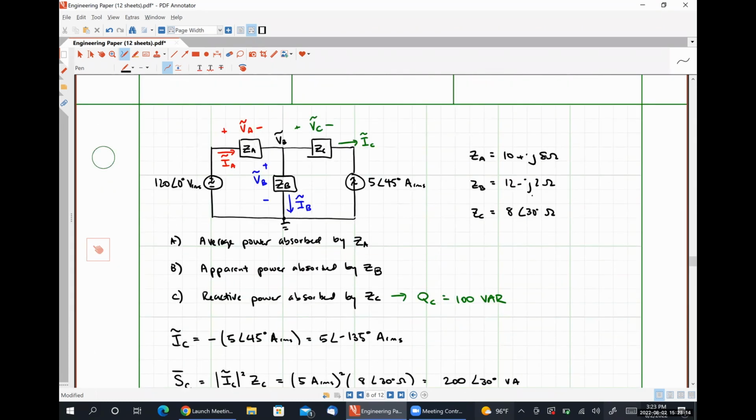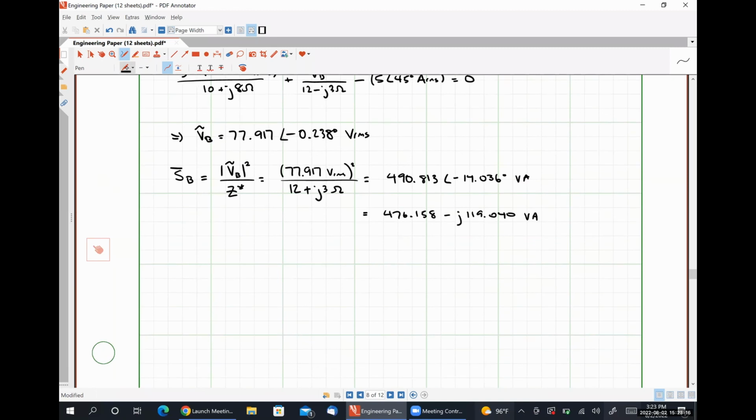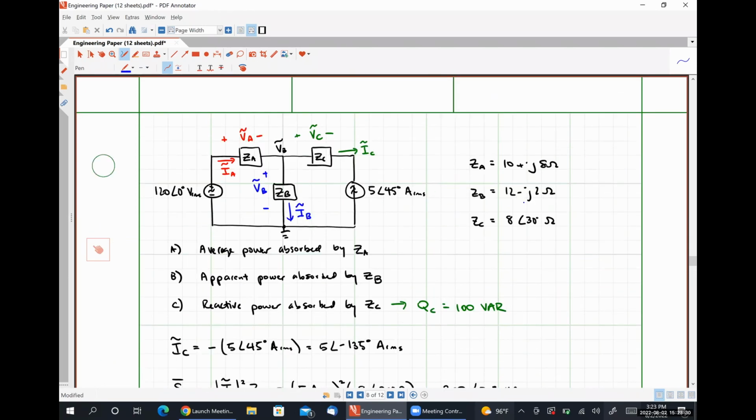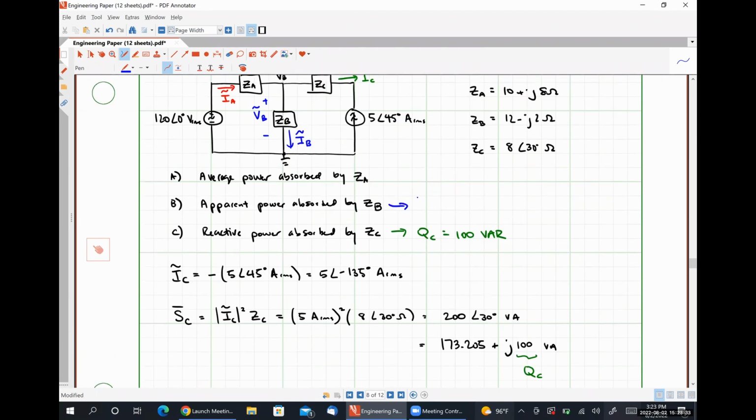Since I'm trying to find the apparent power, I simply need to look at the magnitude. So this is the apparent power absorbed by impedance ZB, 490.813 volt amperes.